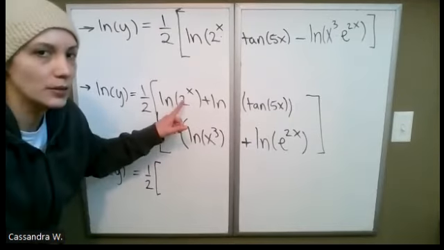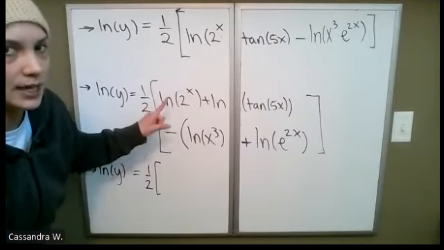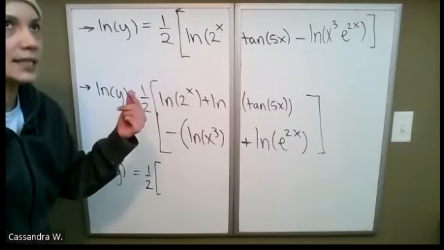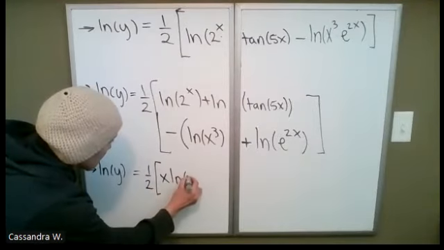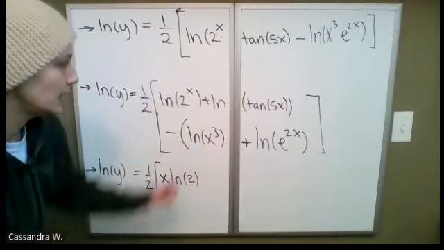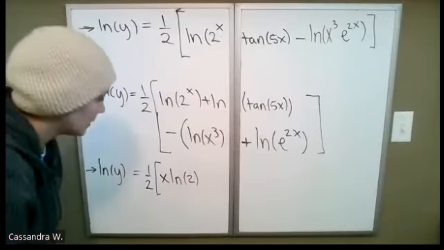I was like, we could use a power rule here. And we will. We're going to bring this x down, multiply it with ln of 2. So x times ln of 2. And then the next term is ln of tangent of 5x.